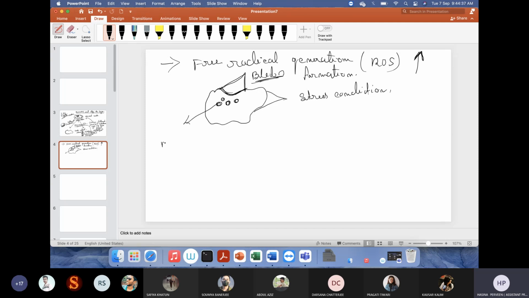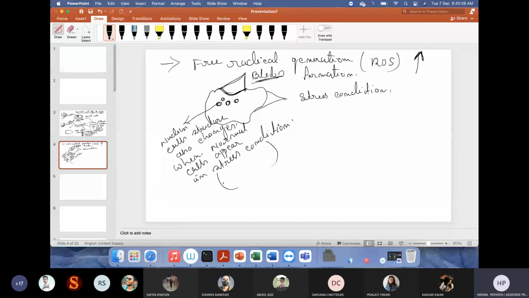Okay, so the nucleus and cell structure also change when normal cells appear in stress condition, and this stress condition is also mild to severe or moderate to severe.